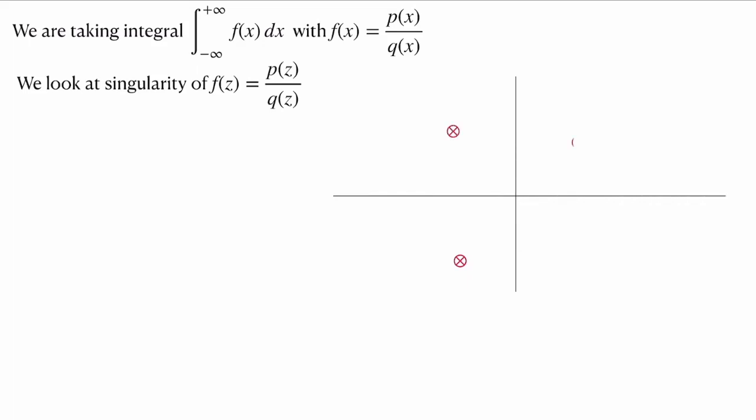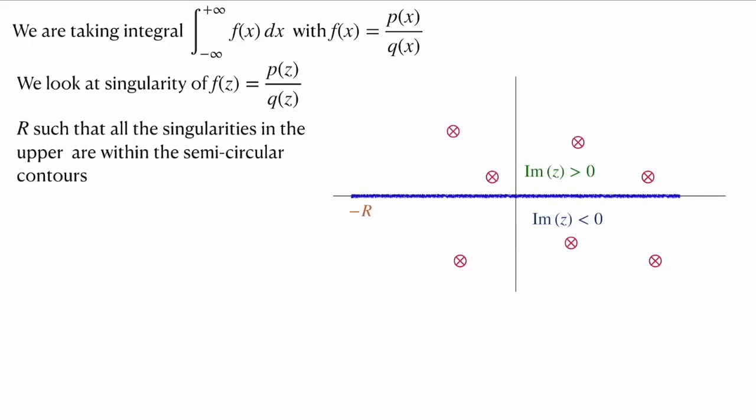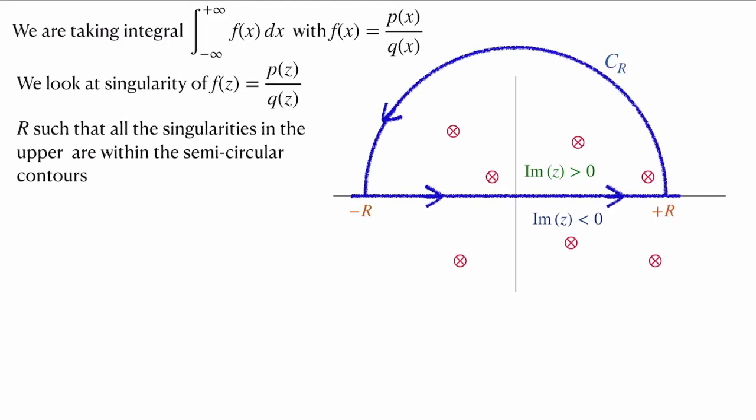We map them all on the complex plane, that is, we take a contour including the real line from minus r to plus r and the semicircular arc on the upper half such that it includes all the singularities in the positive imaginary axis, and then take the contour integral of f of z dz over this semicircular region. We know that it is given by the residue theorem as 2 pi i times the sum of all residues inside the contour.